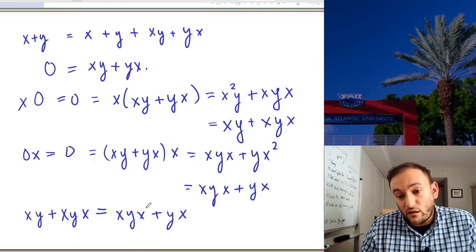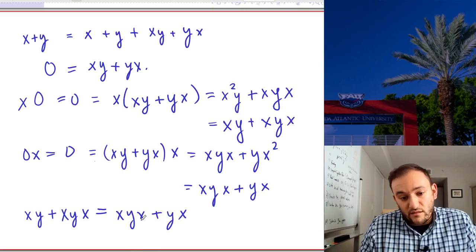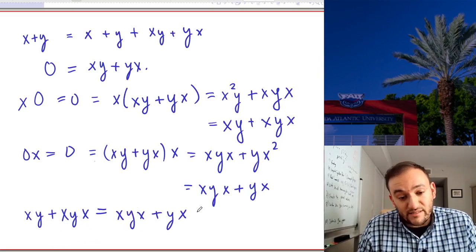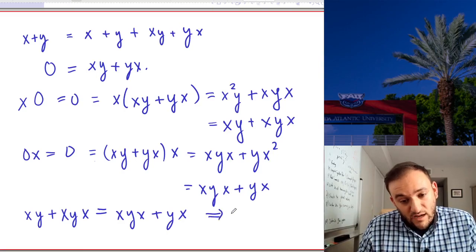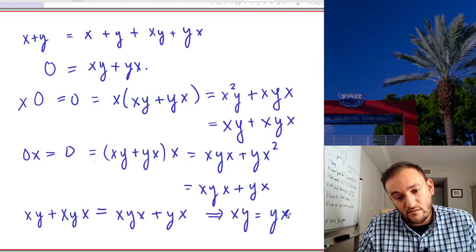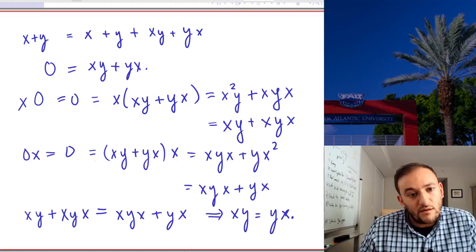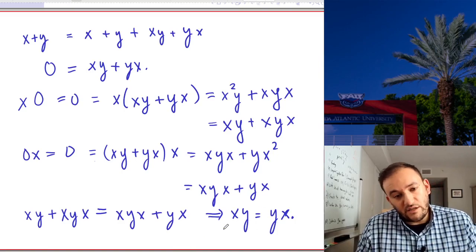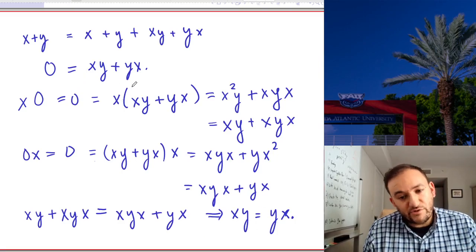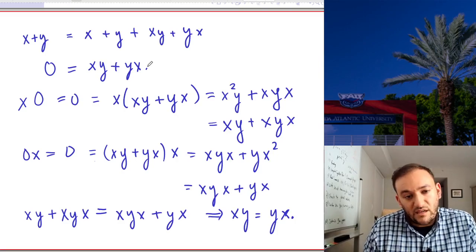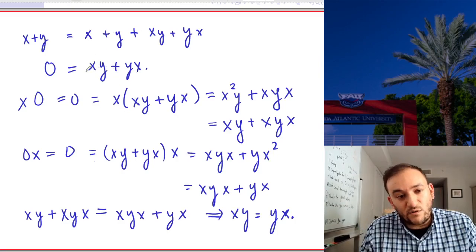Recalling that addition is commutative, we can add the additive inverse of xyx to both sides to get xy equals yx. This is pretty interesting. It's also interesting keeping in mind that up here we had xy plus yx equals 0.